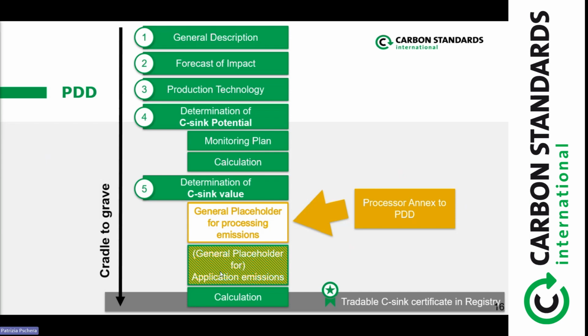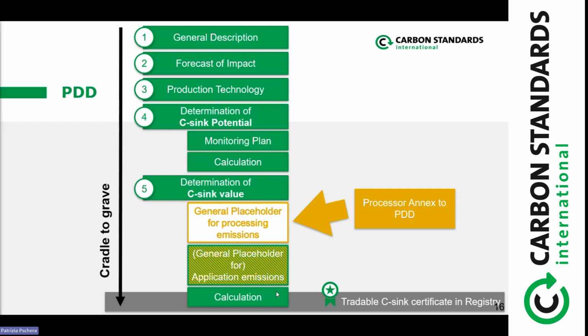And then there is the next subchapter, that's the application emissions. And that depends on whether the producer himself does the application of the biochar. Then this is not a placeholder, but part of the PDD from the producer. If that's done by someone else, then that is also a placeholder. Therefore, it's yellow-greenish, because it might be a placeholder, it might not.